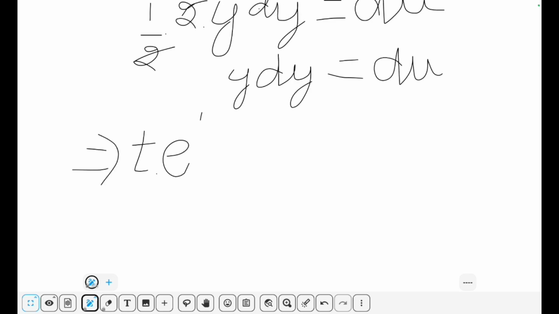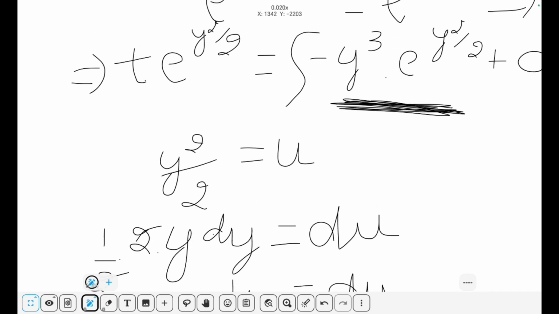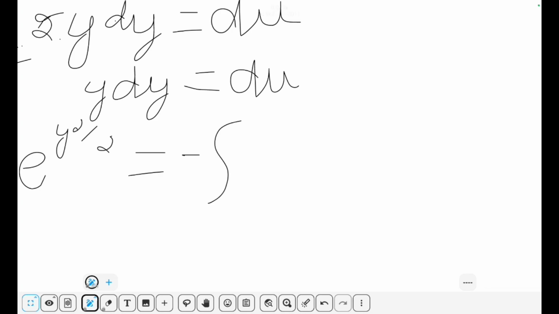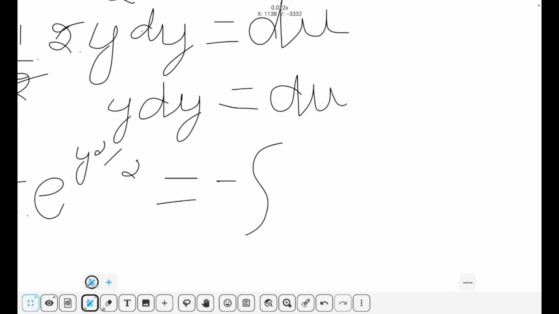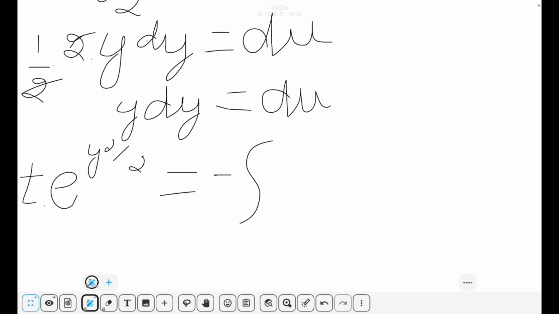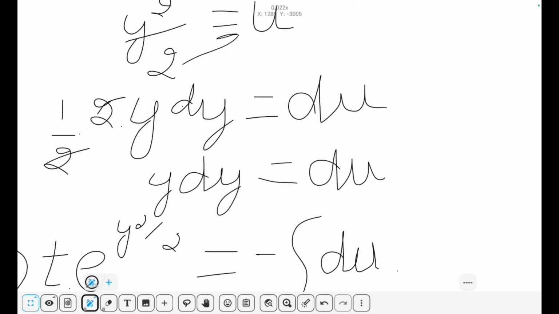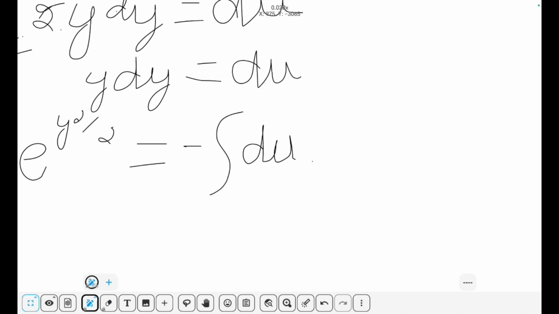That becomes t into e^(y²/2) equals minus, because we have minus y³, so let us take minus out. y³ can be written as y into y². We know that y dy is du, so we can write y dy as du, and y² can be written as 2u.